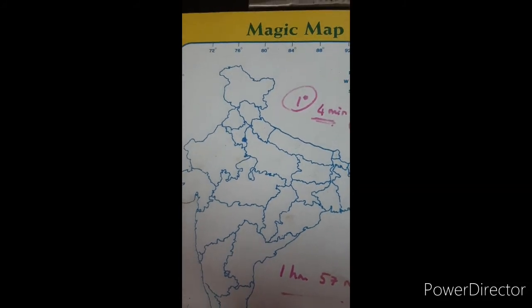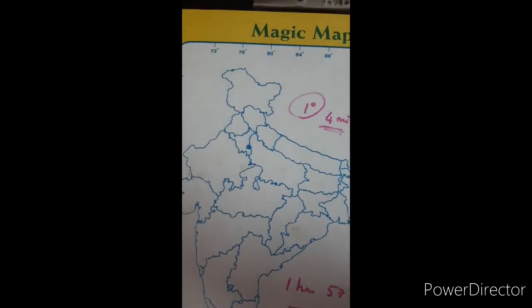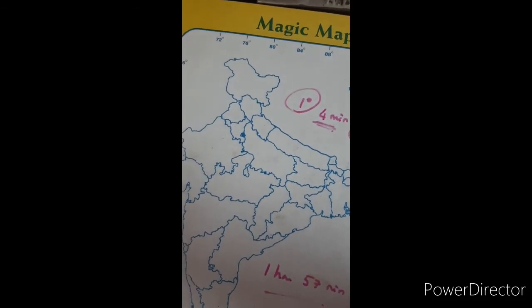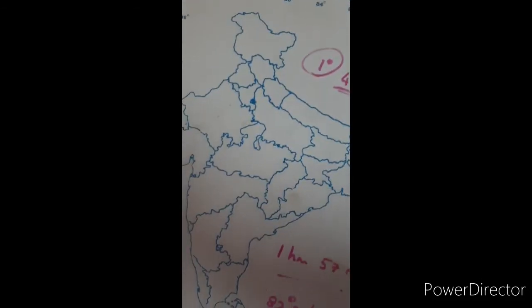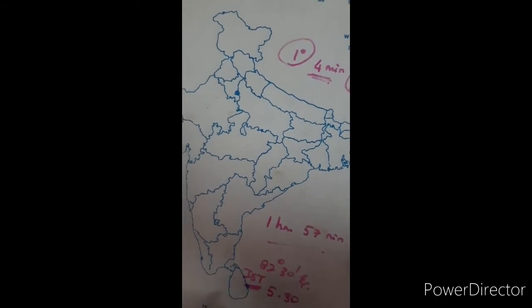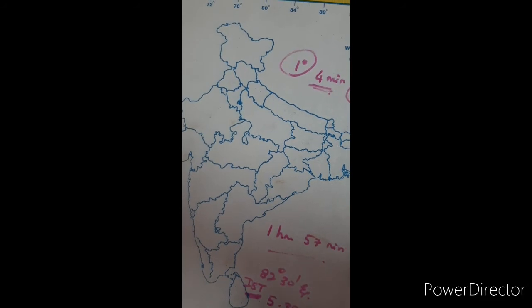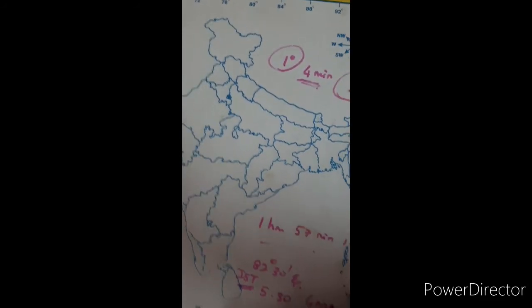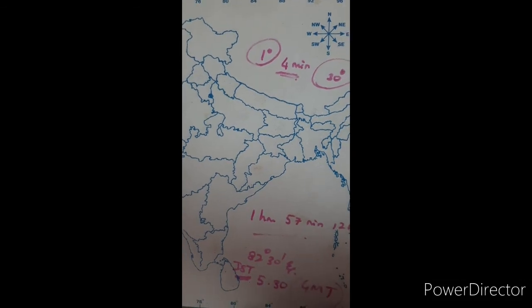This is ahead of Greenwich Mean Time by 5 hours 30 minutes. The IST, Indian Standard Time, is 5 hours 30 minutes ahead of Greenwich Meridian Time, which is shortly known as the GMT.